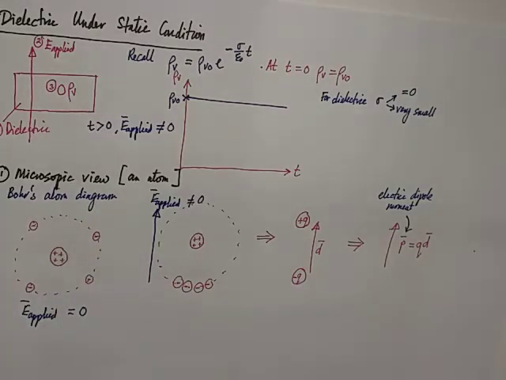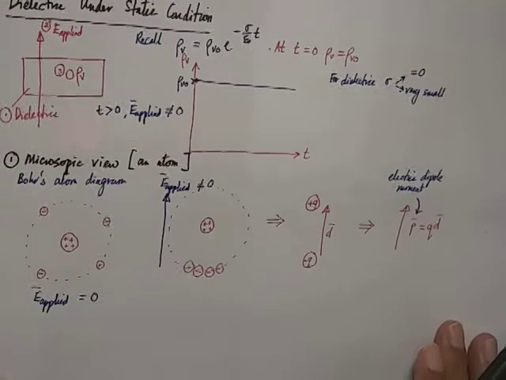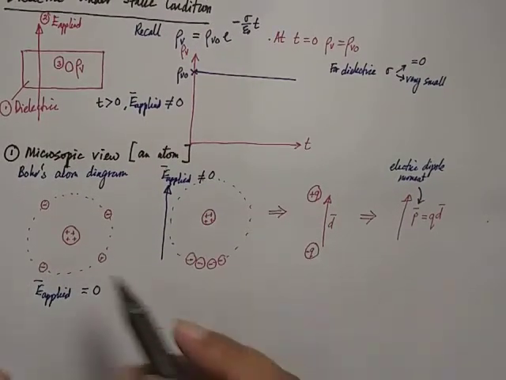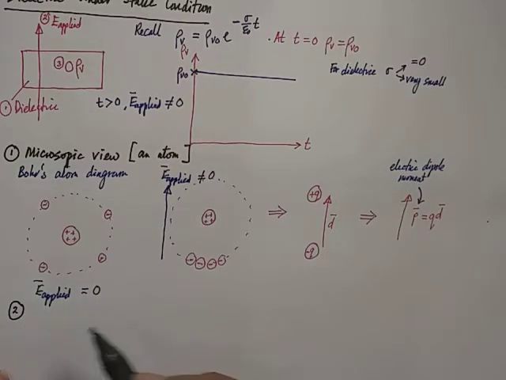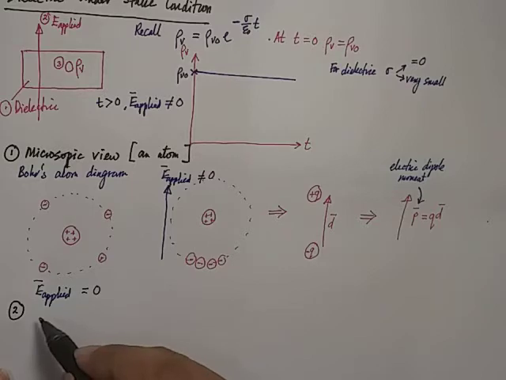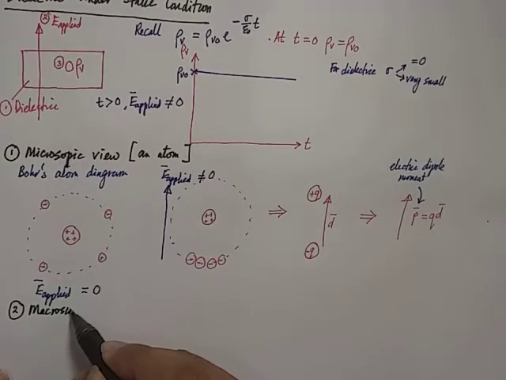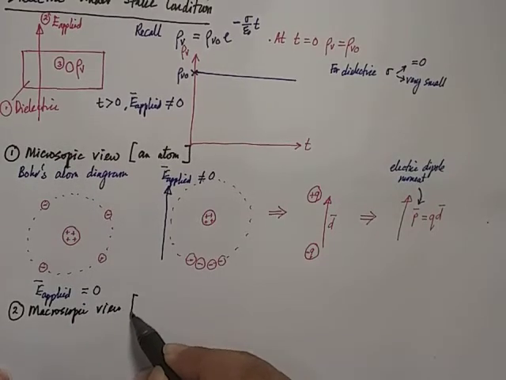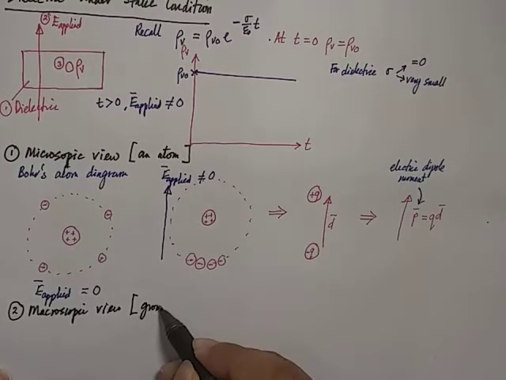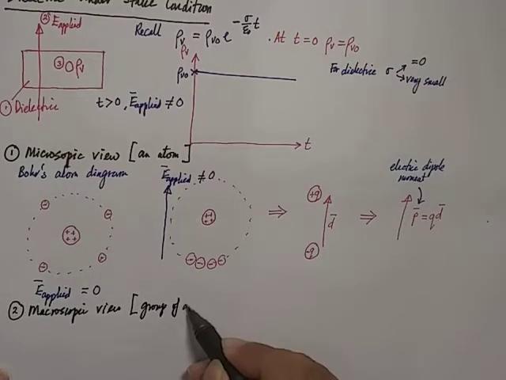So we're going to extend this idea further and talk about what happens when you have a group of atoms now. We're going to re-explain it by what we know as the macroscopic view, a group of atoms.